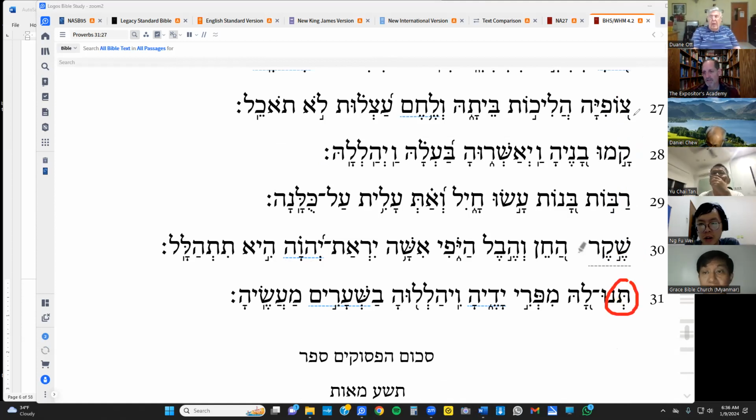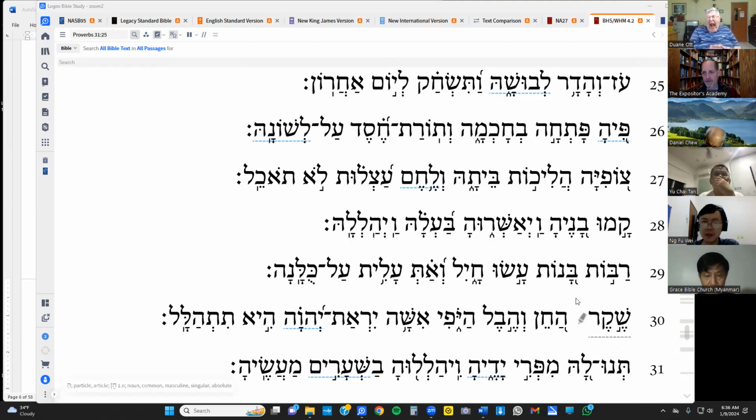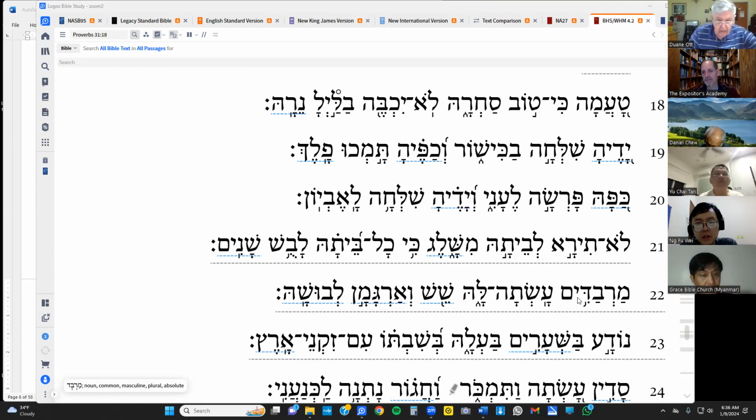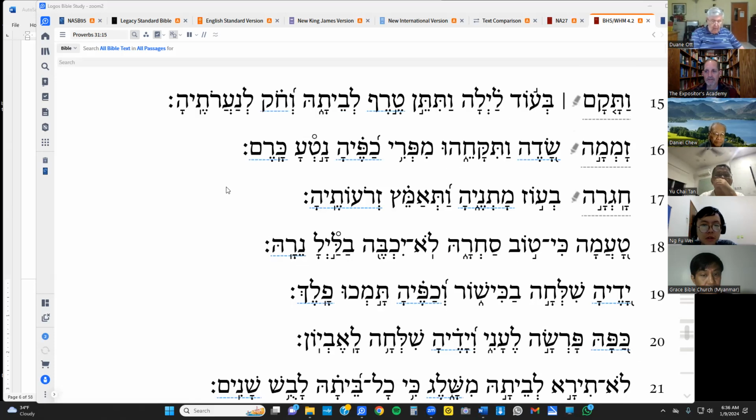So it's a perfect acrostic, 22 verses for the 22 Hebrew letters, given in order. Proverbs 31 is written with this acrostic structure, again for aesthetic value and to help with memorizing it. It's one example of a perfect acrostic, and this is in the book of Proverbs, interestingly enough.